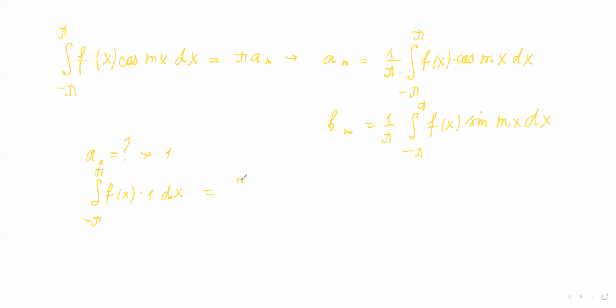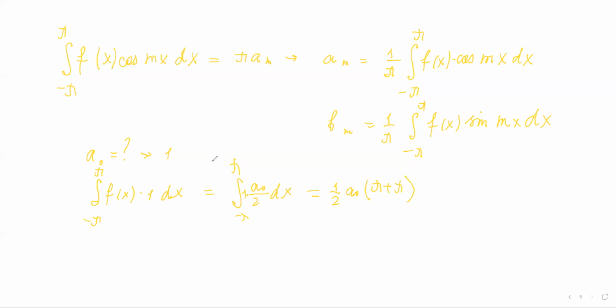And it's supposed to be equal to the integral of a0 over 2, also multiplied by 1. I'm going to write down 1 over here, from negative pi to pi. Well, I'm going to do this integral and then write down what a0 is going to be. So I have 1 over 2 a0 and pi plus pi here, right? dx is going to give me just x.